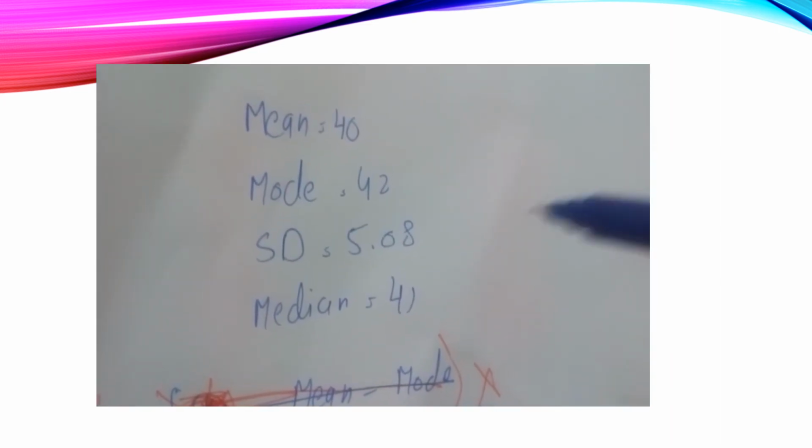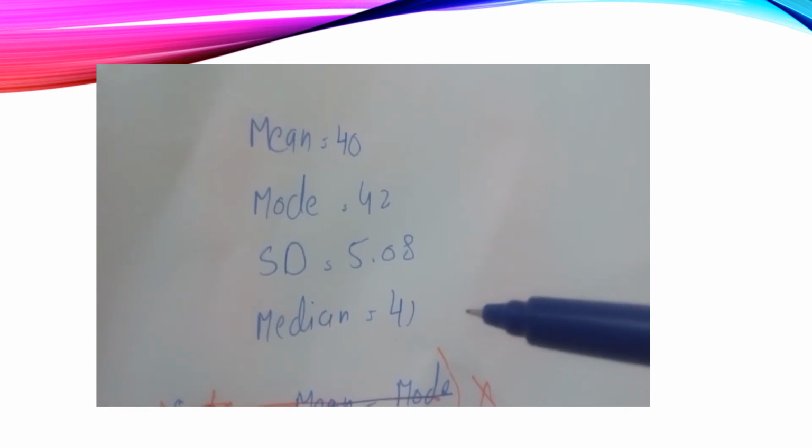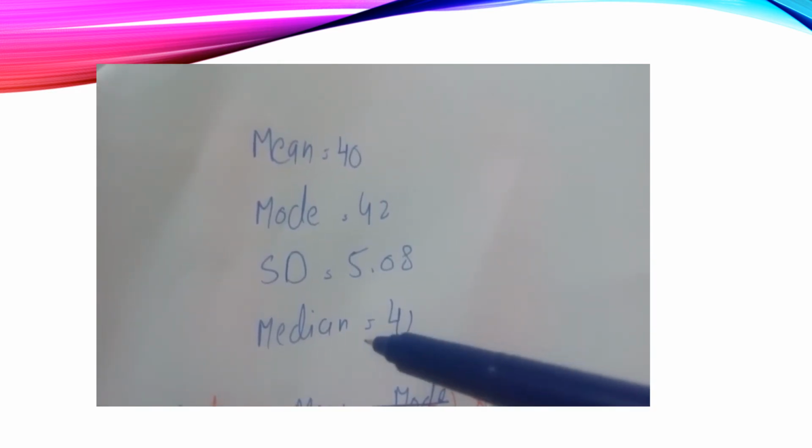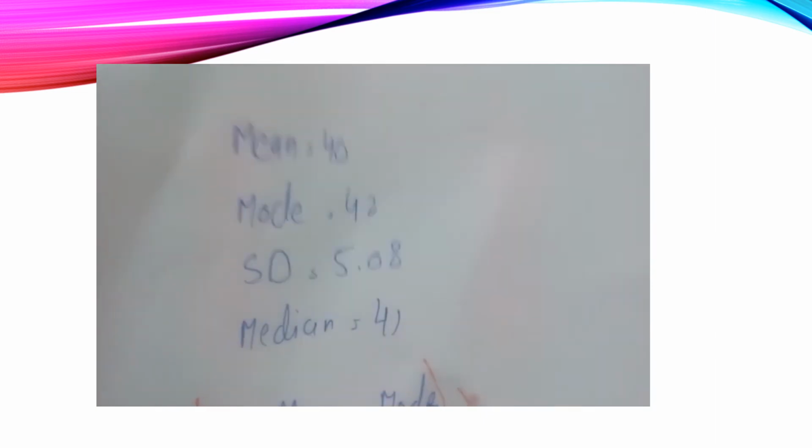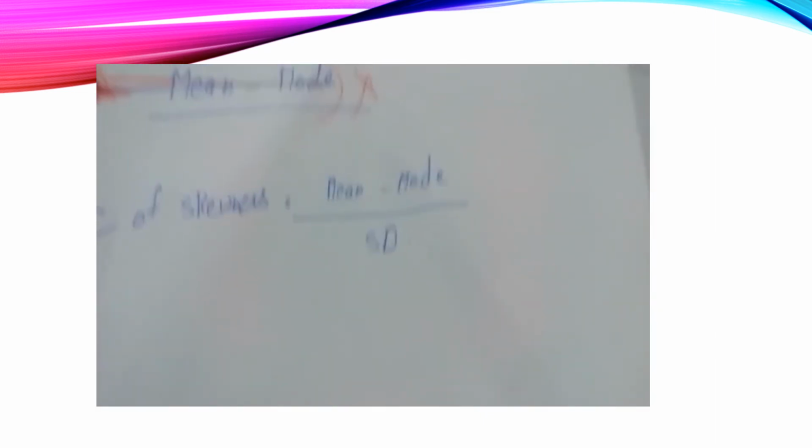The mean is 40, mode is 42, standard deviation is 5.02, and median is 41. So let's calculate the coefficient of skewness.